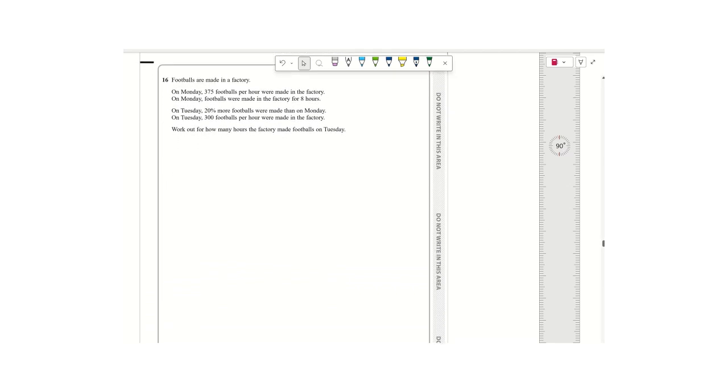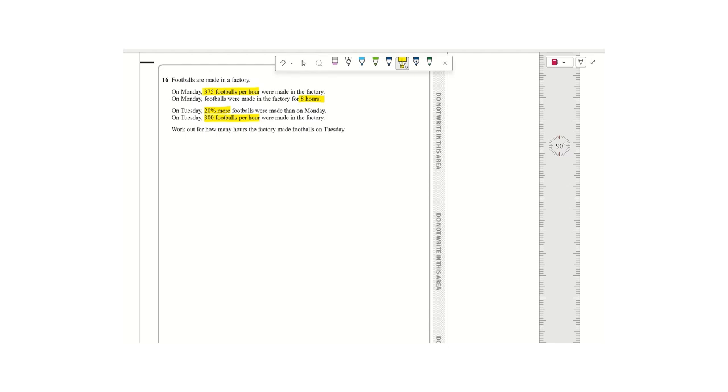So question 16, footballs are made in a factory. On Monday, we had 375 footballs per hour for 8 hours. On Tuesday, we had 20% more footballs in total, and 300 footballs per hour were made in the factory.